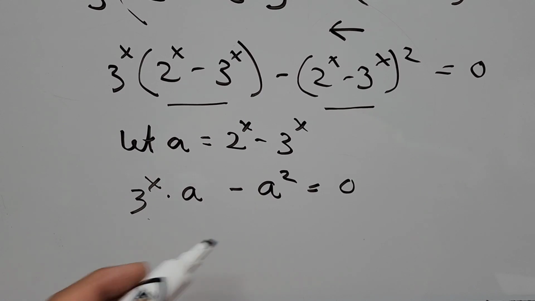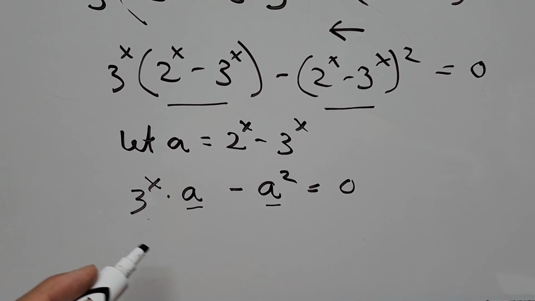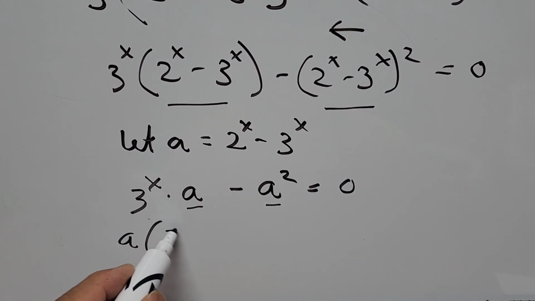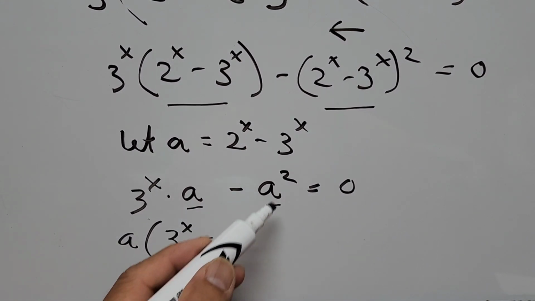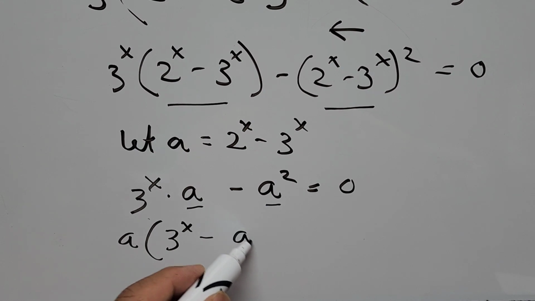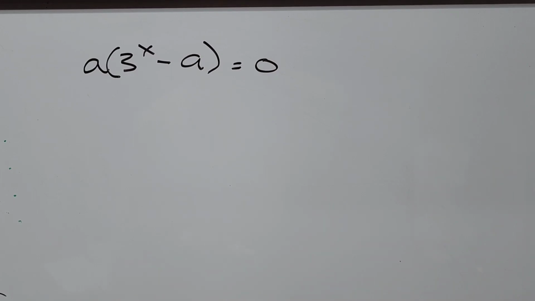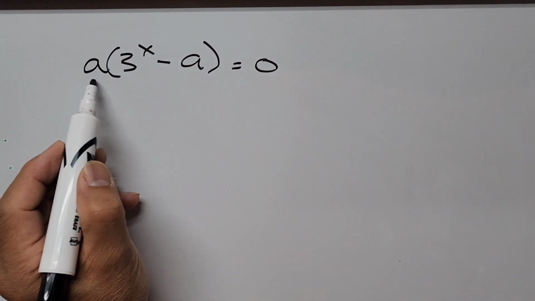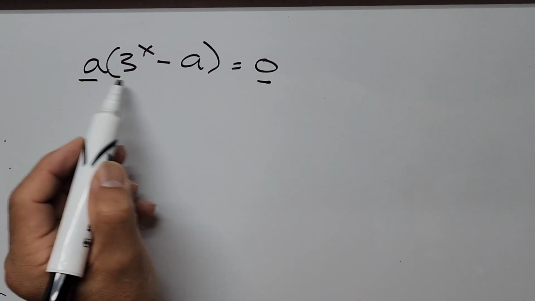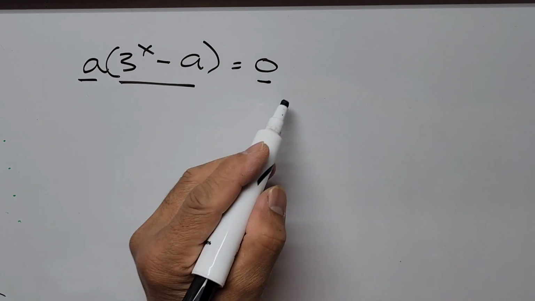So from here we can factor out a from both terms of the equation. So we have a times the quantity 3 to the power of x minus a, where a is what we have left in the second term, equal to 0. And so from here we can now equate a to 0 and 3 to the power of x minus a equals 0.